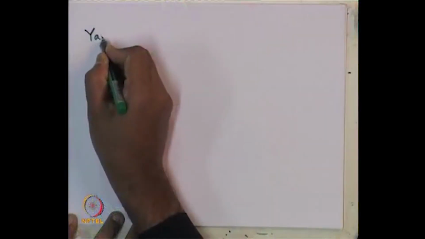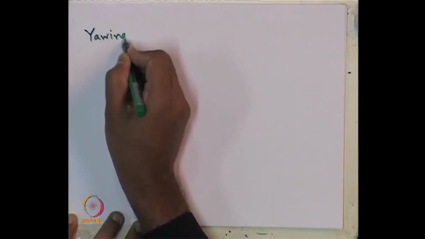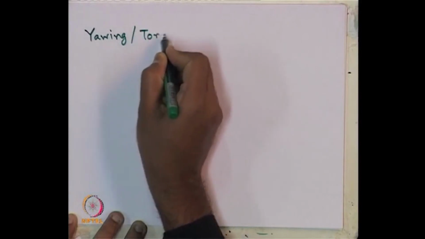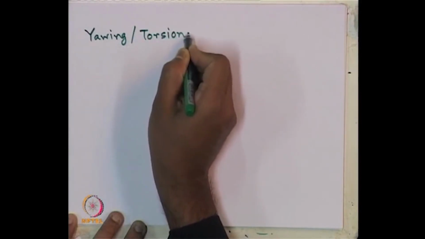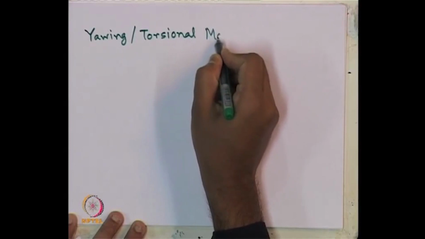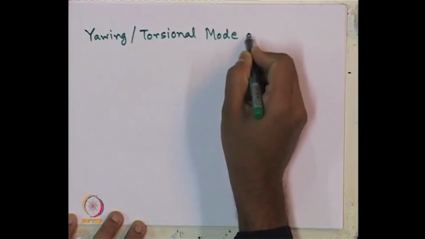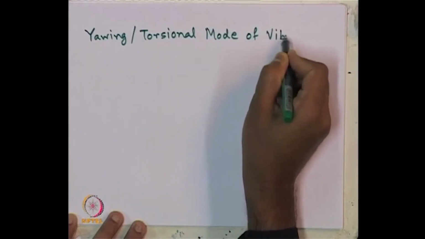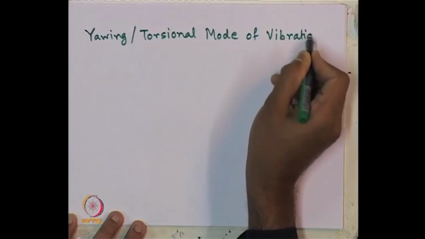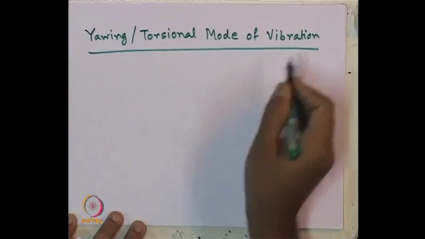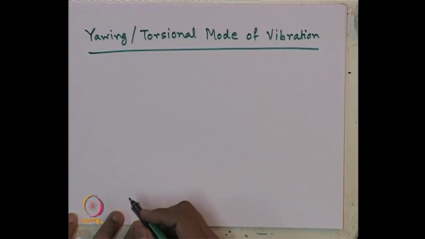Now let us come to the next mode of vibration, that is yawing or torsional mode of vibration. For torsional mode of vibration, the first step again is to calculate the equivalent radius.